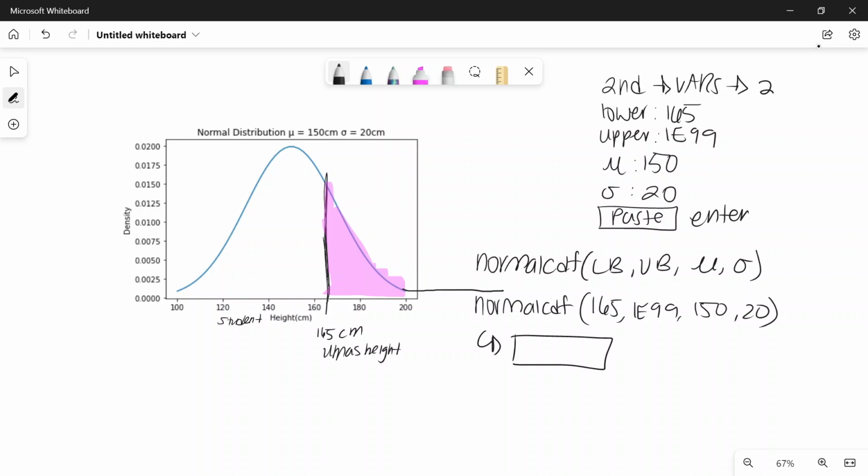Now with this answer, you're going to have to subtract it from 1, because normalcdf calculates, if you have a normal distribution and a certain point, the area on the left of that point, no matter what you put.